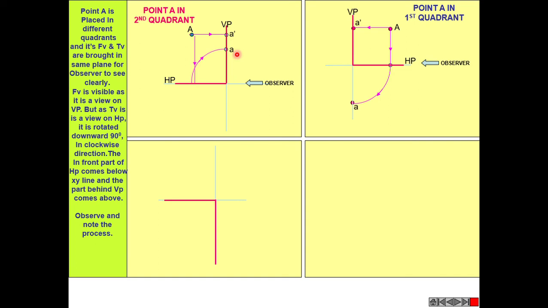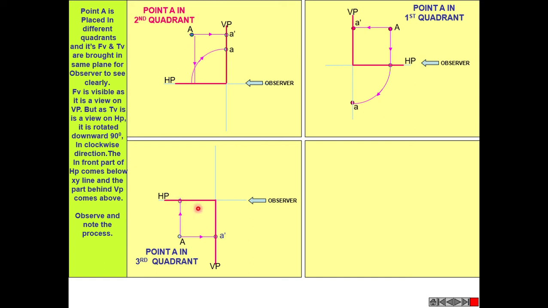Now in case of the third quadrant system, the position of the observer again remains constant and point A is placed here. As I said, the vertical plane is considered to be transparent. The observer is able to get the view of point A. So the front view will come on this vertical plane, and the top view, by looking from the top side, is again coming on the horizontal plane.